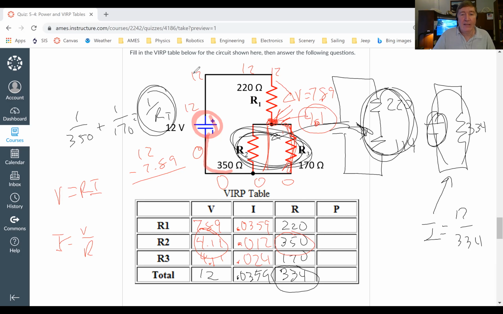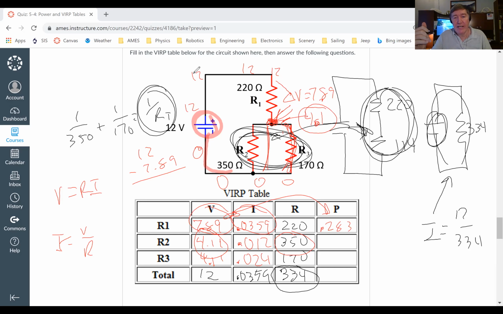And now that I know the voltage across each resistor and the current through each resistor, I can then figure out how much power each resistor is using. So 7.89 times 0.0359. And so that gives me 0.283 watts.